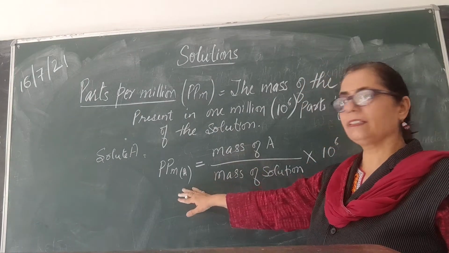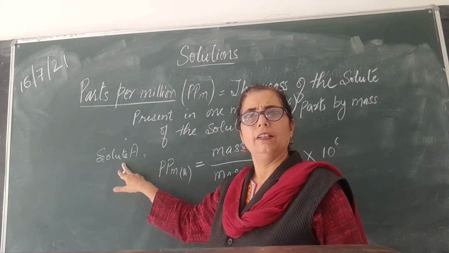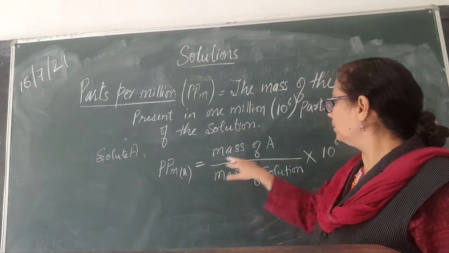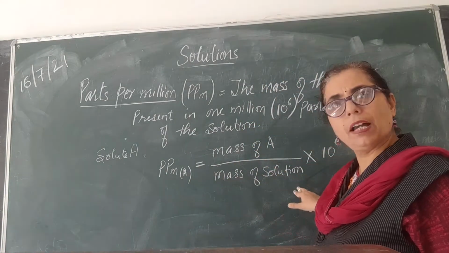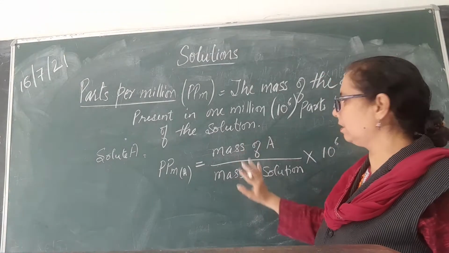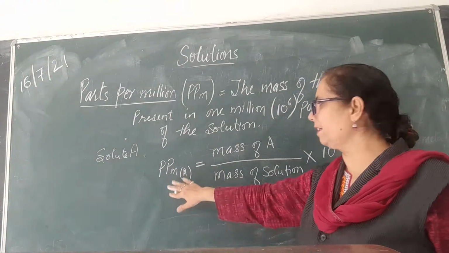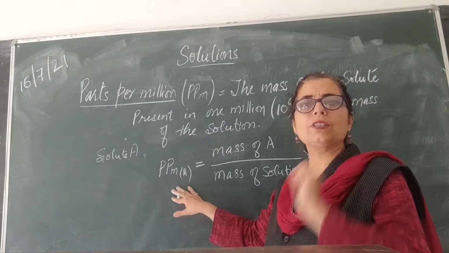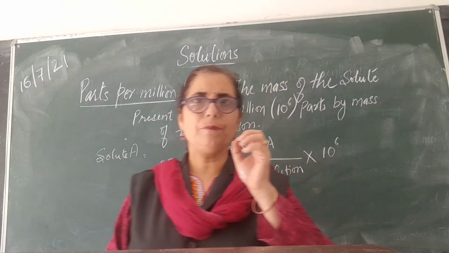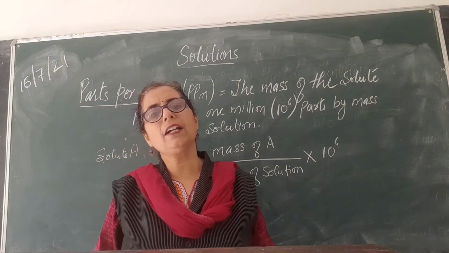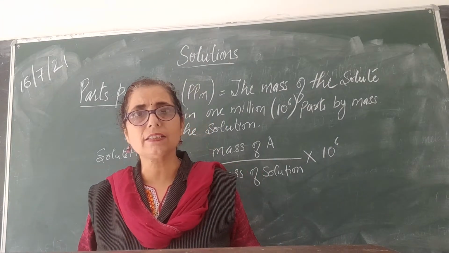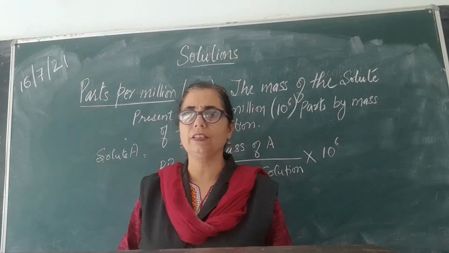Now suppose there is a solute A. What will be its parts per million? The mass of A divided by the mass of the solution, multiplied by 10 raised to 6. This is the formula by which you can find the parts per million of the constituent present. Parts per million can be used for finding the pollution in the atmosphere or the presence of poisonous gases in a solution.